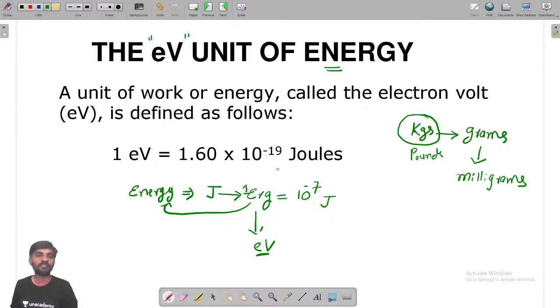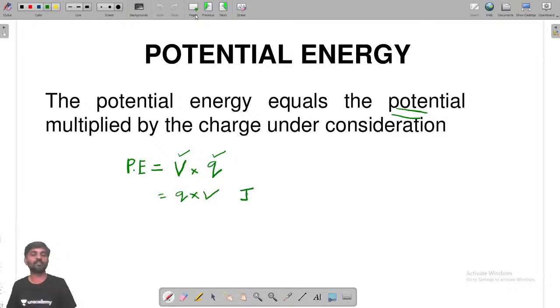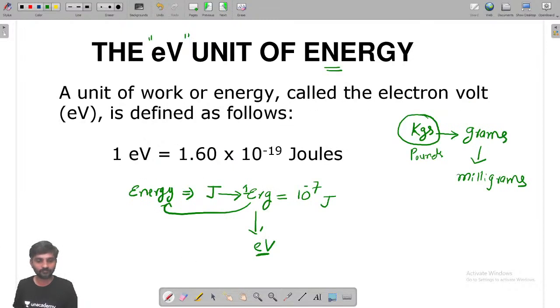Because in the previous slide we have seen the potential energy. Potential energy is what, sir? Q into V. So this is the electron, let's assume, and this is the volt.